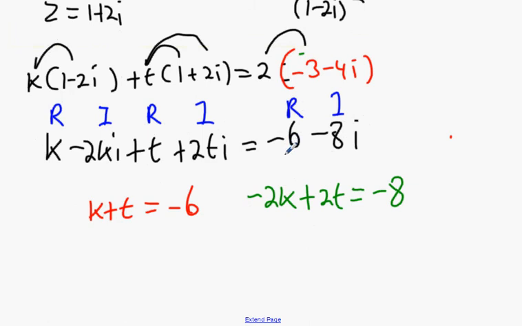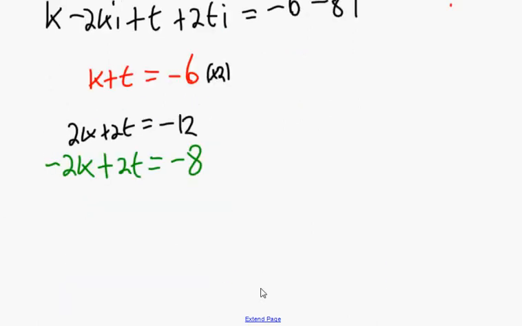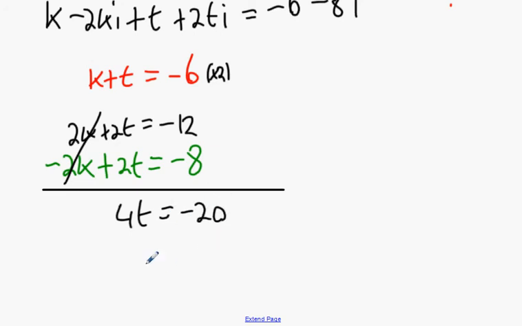If I multiply the first one by 2, I'll get 2k plus 2t equals minus 12. Then if I drop the other one right underneath it, they're going to cancel. So we get 4t equals minus 20, divided by the 4.